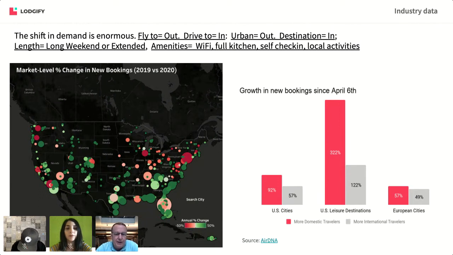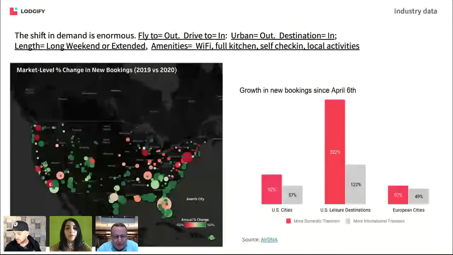What people are considering in selecting a vacation rental, well, we all know it's flexible cancellation policies, but there's other things that are really important that can help you differentiate your place versus others. Beyond good Wi-Fi, which we all know is important for the longer stay, people are looking at things to have a working kitchen because they'll be eating in rather than eating out.